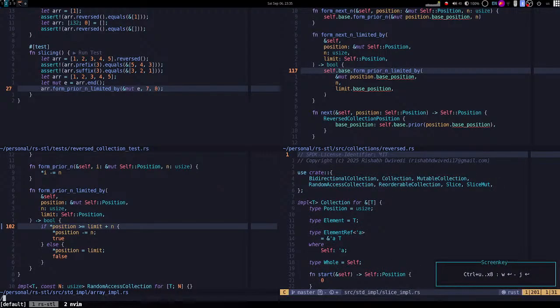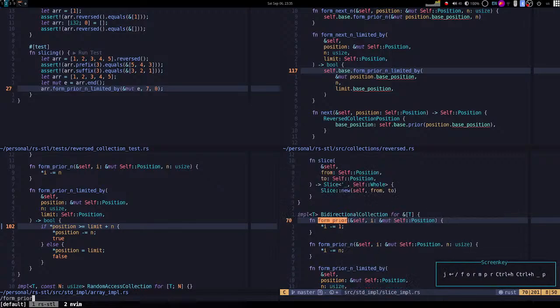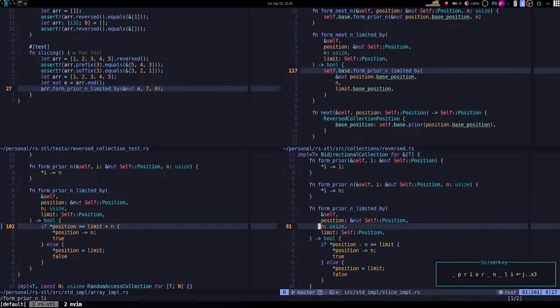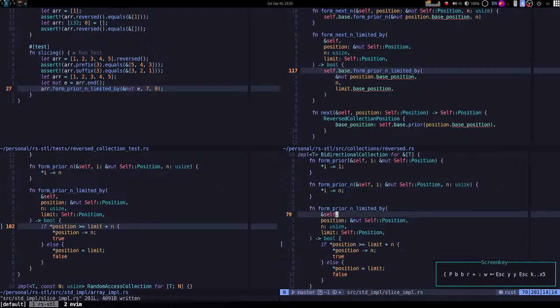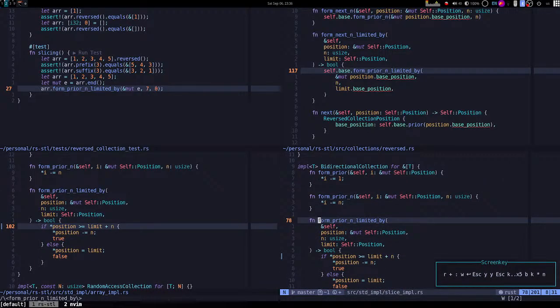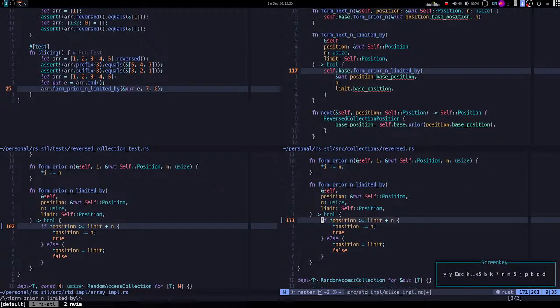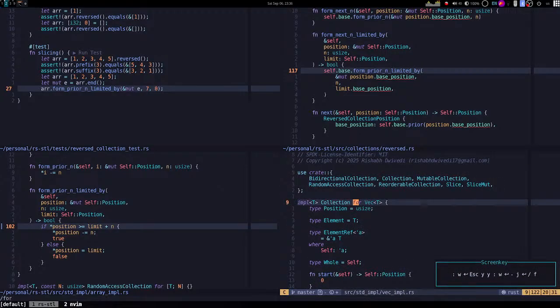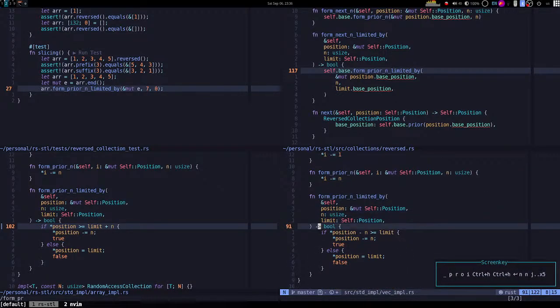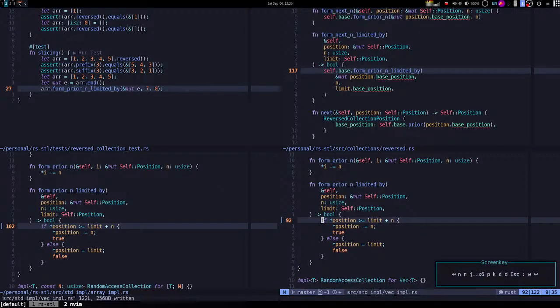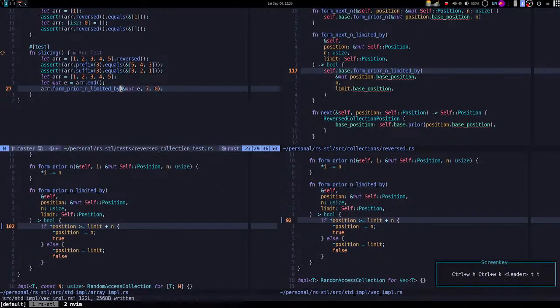So let's go for slice form prior and limited by, paste plus, right, and last is vector form prior and limited by. Okay, nice, and now it should work.